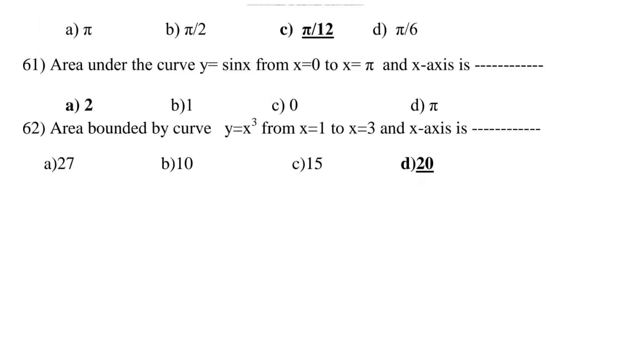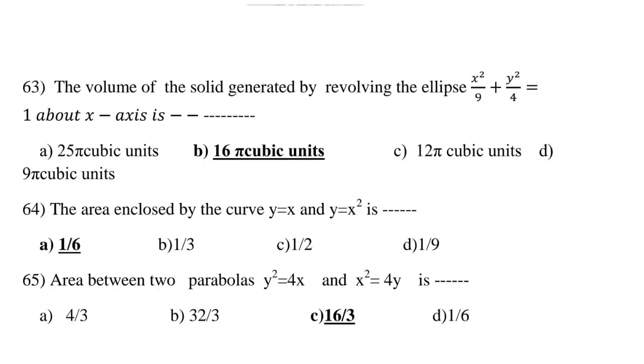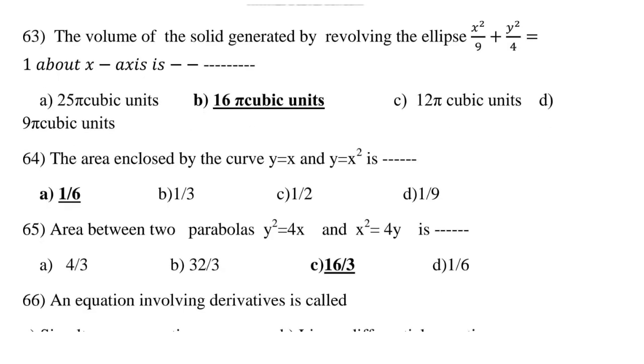Question number 62 is area bounded by curve y is equal to x cube from x is equal to 0 and x is equal to 3 and x-axis is 20. Question number 63 is the volume of the solid generated by revolving the ellipse x square by 9 plus y square by 4 is equal to 1 about x-axis is 16 pi cubic units.